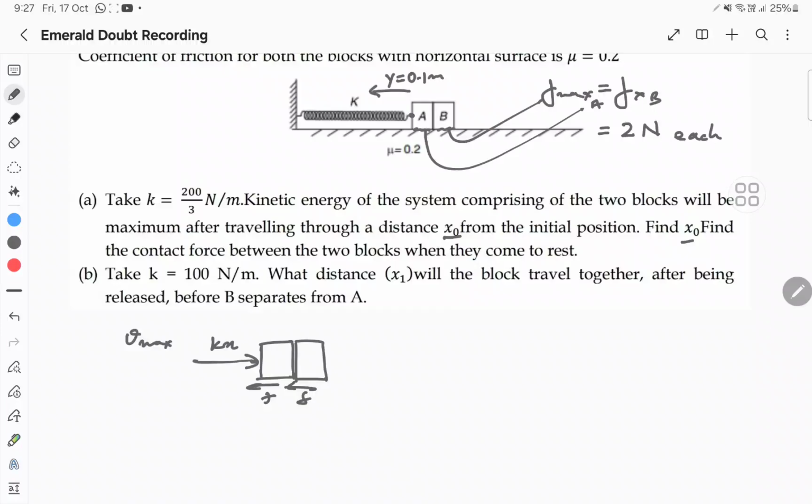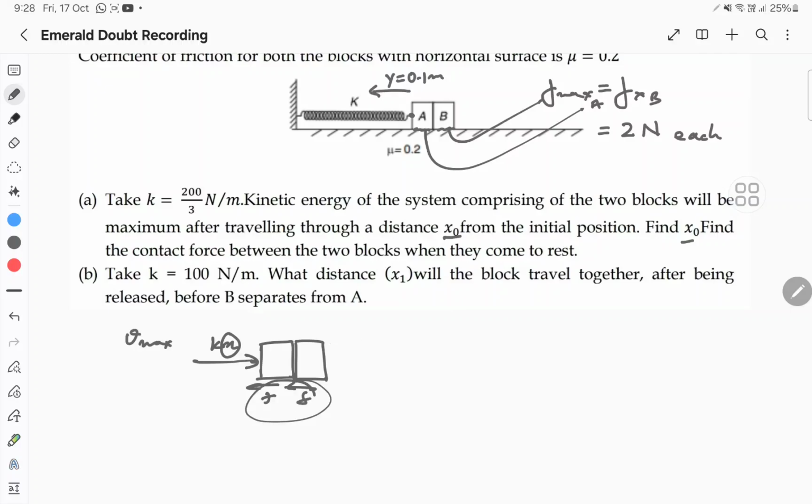After that your friction will still remain 2 plus 2, which is 4, because it is sliding, and your velocity will start decreasing, because your x will decrease and the kx will decrease. So find x naught. I think no big deal.